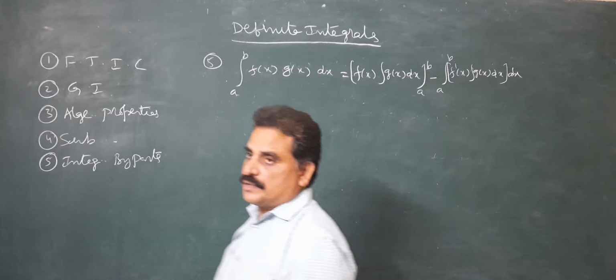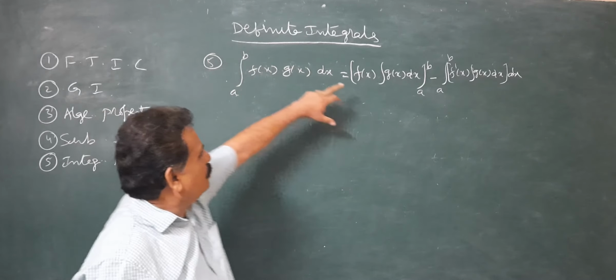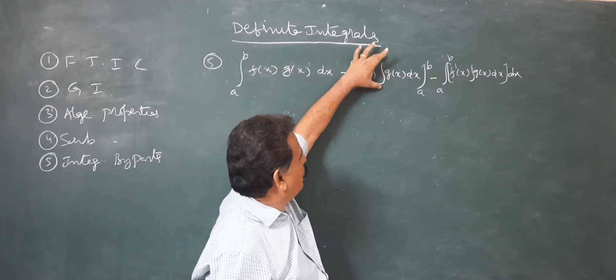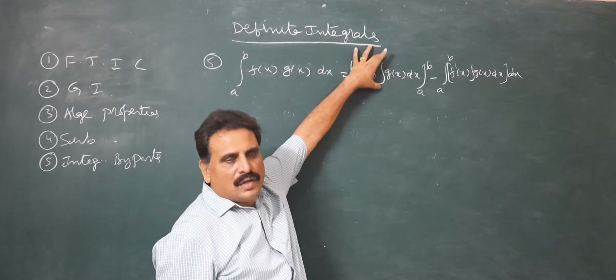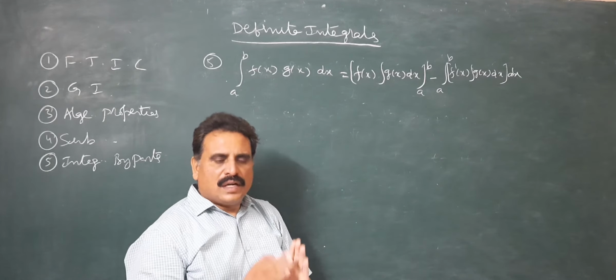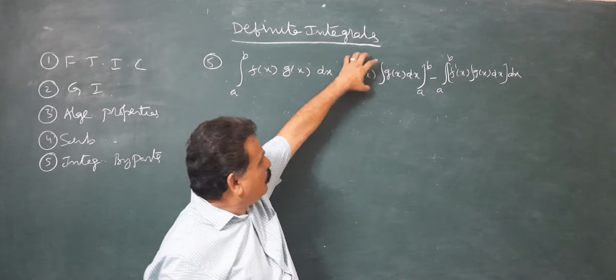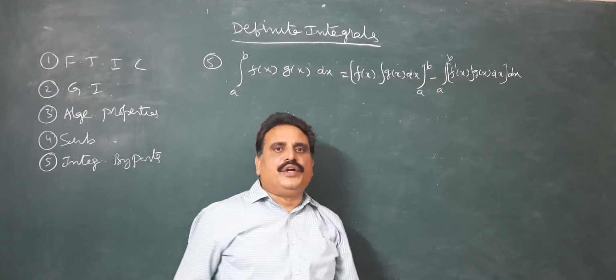In integration by parts, here we are not applying the limits to the integral itself; don't write a to b there. First you have to find the integration of g of x. After that, take the product of f of x and the integral of g of x, and to that product apply the limits a to b.